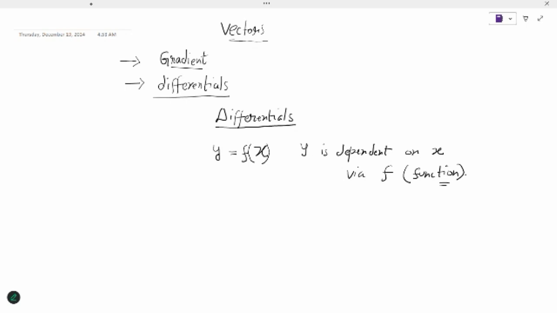Now, if I increase x to some extent, let's say delta x, we increase x to x plus delta x, then due to this increment, y would also increase to y plus delta y, because the very reason that y is a function of x.